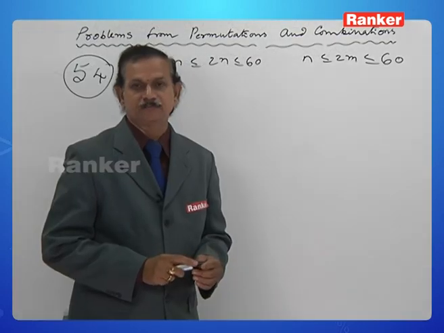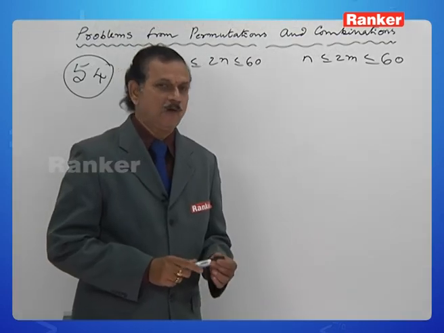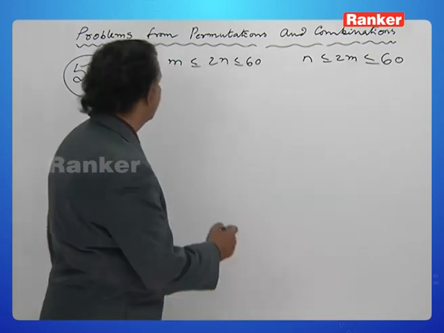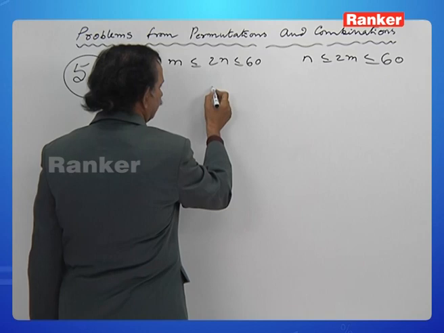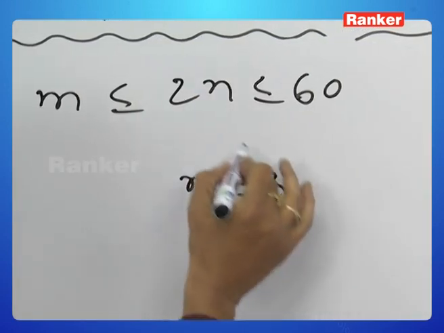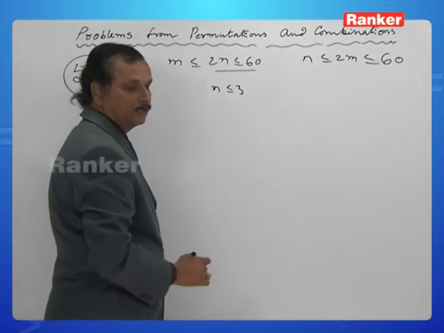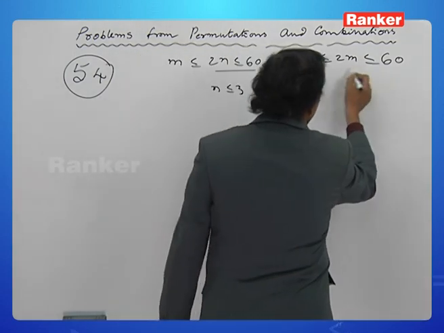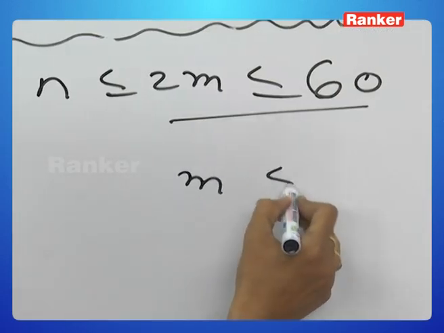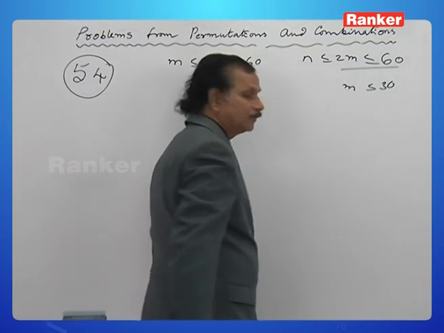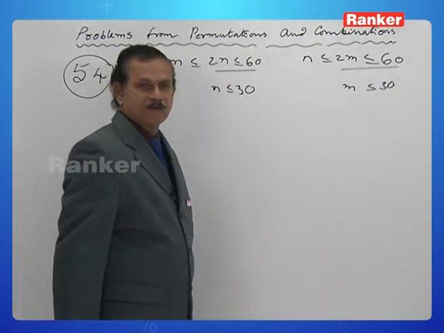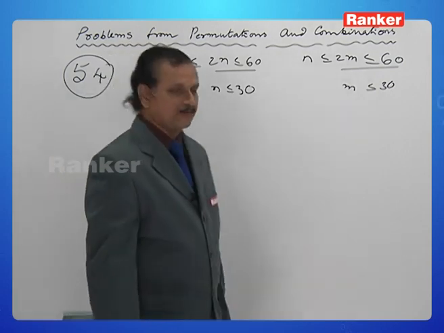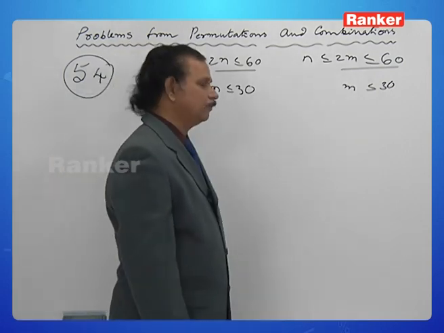Let us first follow these conditions carefully. 2n less than or equal to 60 means n less than or equal to 30. 2m less than or equal to 60 implies m is less than or equal to 30. n can take the values 1, 2, 3, 4 and so on up to 30. m also can take the values 1, 2, 3 etc.